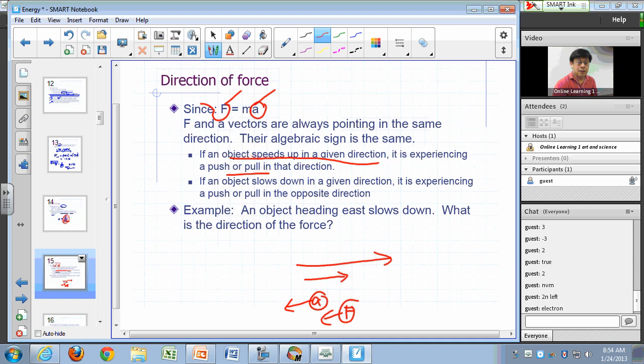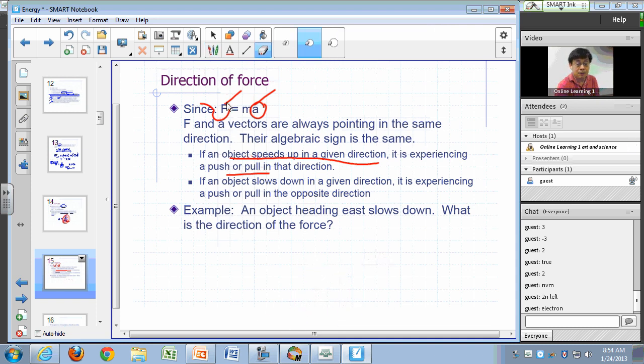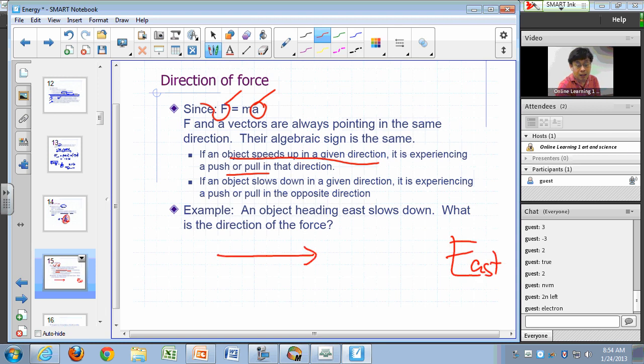Okay. So here's a quick example. You have an object heading east, okay? So here's east, and it's slowing down. What's the direction of the force? What would make it slow down? Which way should the force be pointing?